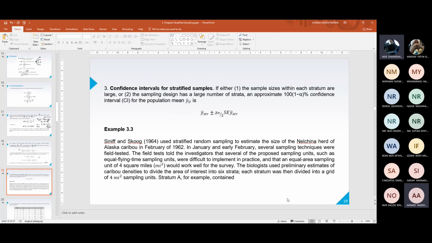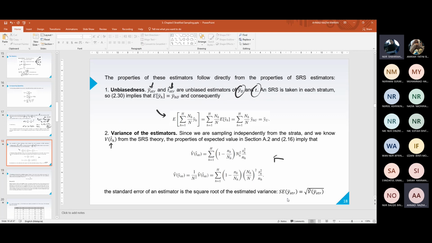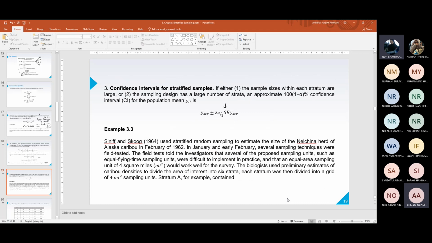And the third one is confidence intervals for a stratified sample. Since you can calculate the standard error in the previous one, you can also calculate the confidence interval for a stratified sample by using this formula. Previously, we calculated the estimated mean by using stratified random sampling, and you can calculate the standard error.